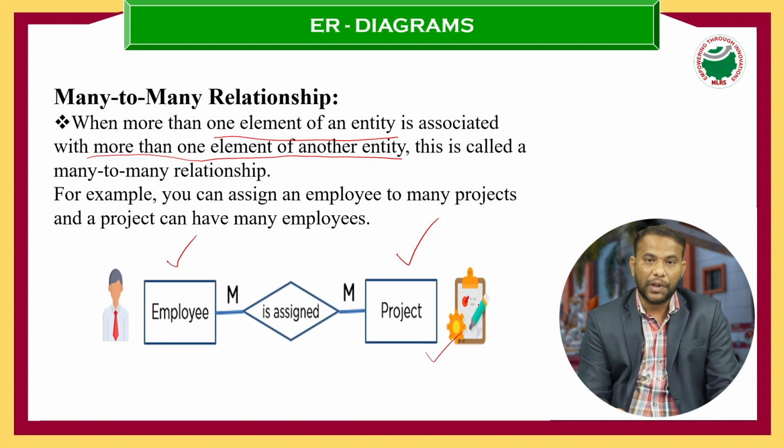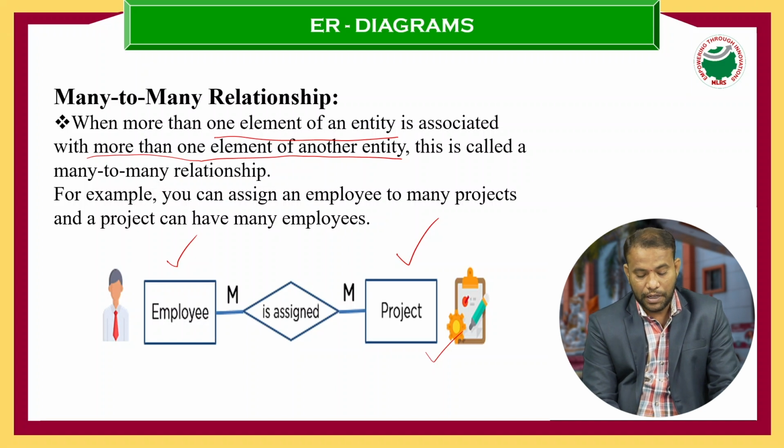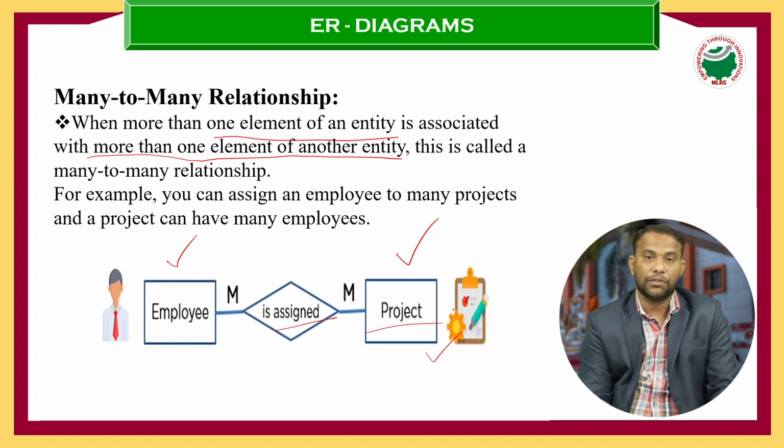So a group of employees will deal with some project, and another group of employees deal with another project. This type of relationship is called many to many relationship. Here, employees are assigned to different projects, so a group of employees is assigned to a group of projects. So this is called many to many relationship.